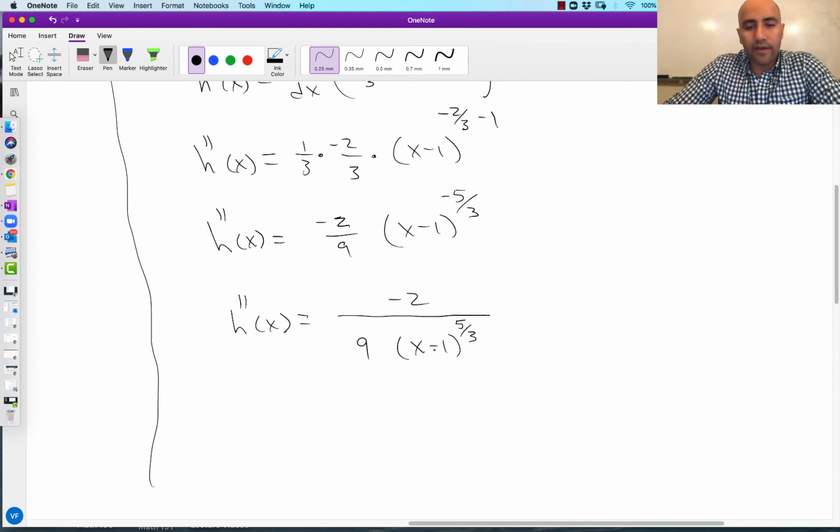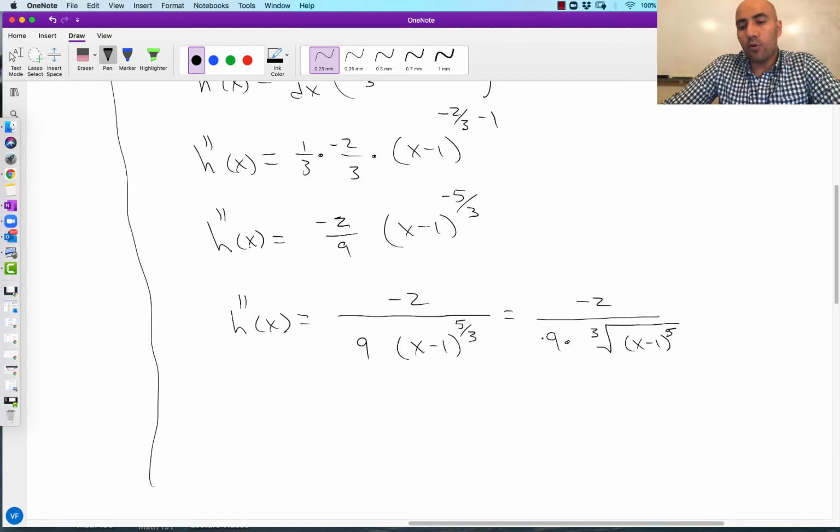Okay, we can simplify this. This is really the cube root of x to the 5th, right? This is the same thing as negative 2 over 9 times the cube root of x minus 1 to the 5th power.